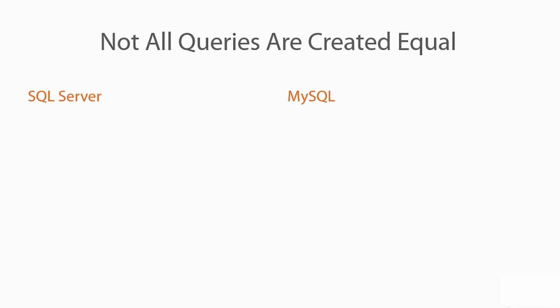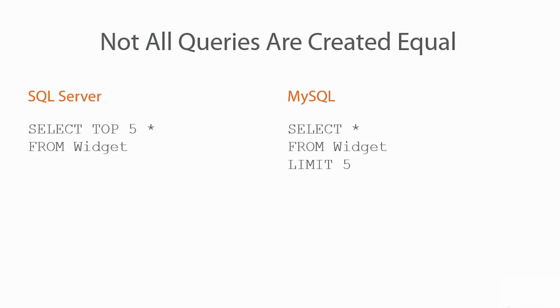Now let's take an example. In SQL Server, if we want to grab the top 5 records from the widget table, we would run this query. Pretty straightforward. We've seen that already in this course. However, in MySQL, it'd look like this. So only a very minor difference. Instead of a top 5, we've got a limit of 5, but obviously also in a different position in the query.